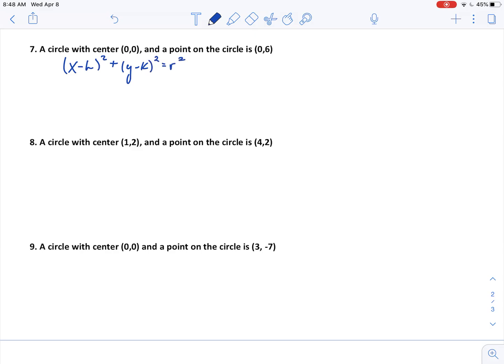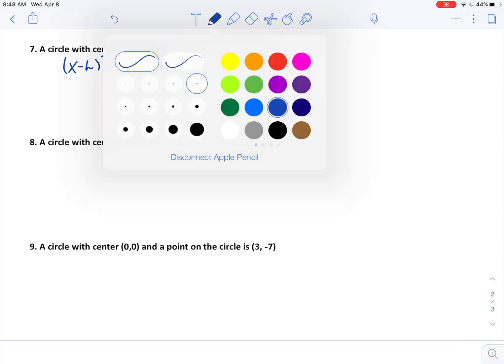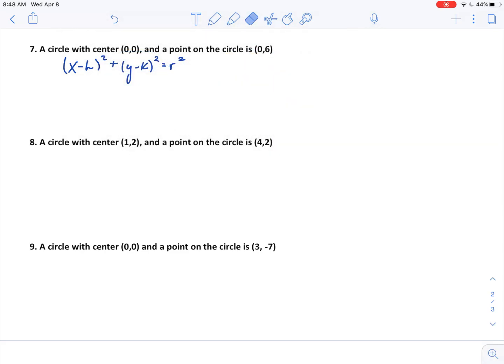So number 7, our center is 0, 0, and our point is 0, 6. y minus k squared equals r squared. We still don't know r, but we know our h and k.